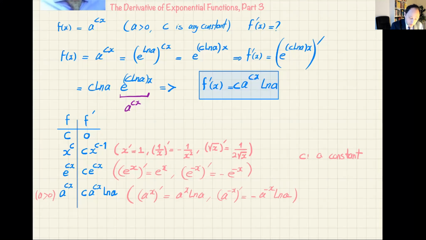Okay, and I'll also have different rules. So remember, if I have the sum of two functions differentiated, this becomes the derivative of the first one plus the derivative of the second one. If I have this, it becomes the derivative of the first one minus the derivative of the second one. And if I have a constant multiplied by my function, I don't care about the constant.